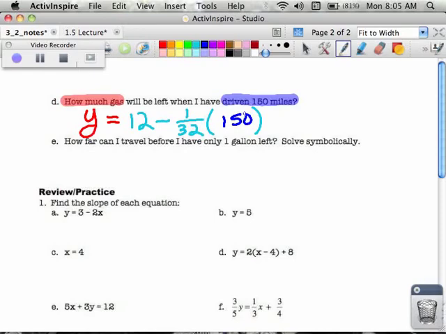Now when you do this, I'm going to tell you in your calculator, even though it doesn't show it on the board, your calculator has a specific way they like to have things typed in. In your calculator, you should put this stuff that's a fraction in a parentheses. Whenever you see fractions, use parentheses in your calculator.